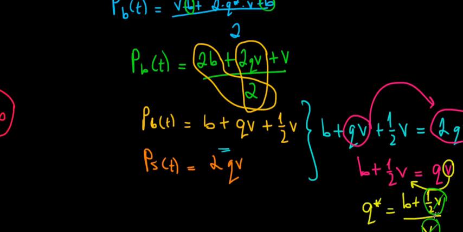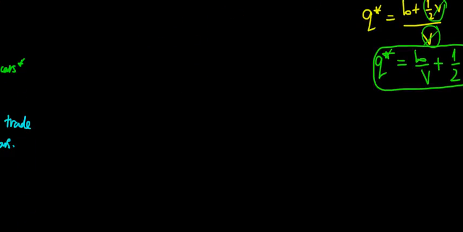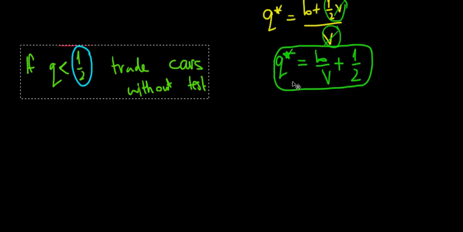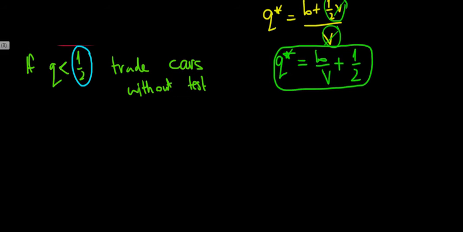Okay, so we need that over here like that. And now what we saw is that if we have quality less than BV plus 1 over 2, then we would trade the cars with the test. So if Q is less than or equal to that, then we trade cars with the test, using test.